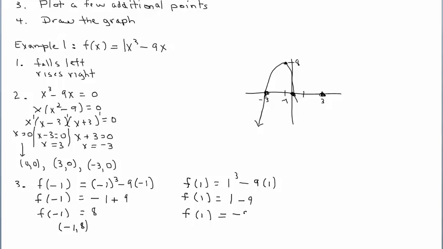Doing those computations, I get -8. So another point would fall at 1, -8. So if this is +1, then -8 would be somewhere down here. And again, I don't know if it falls down below that or not, but we're just sketching. It has to turn back around, and the graph rises to the right.